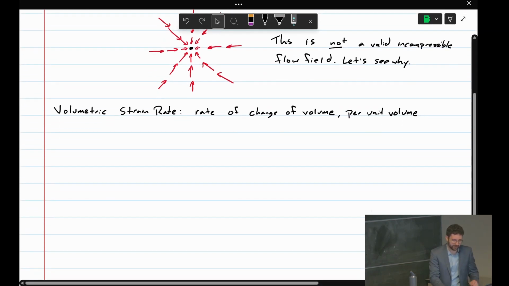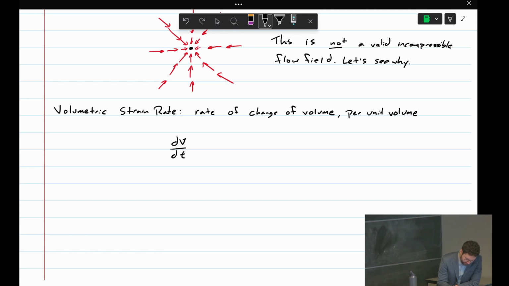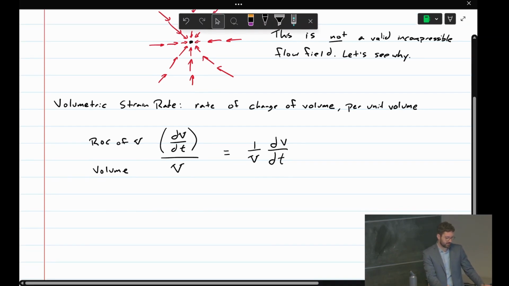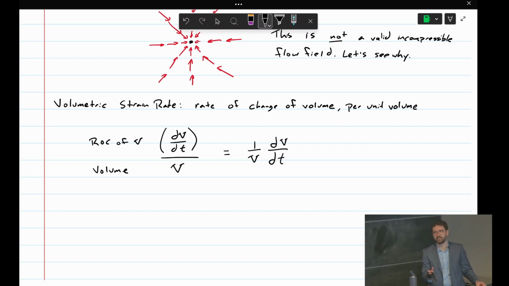The V with the ticks I'm going to use for volume. So the top is the rate of change of volume, and the bottom is the volume. These are not partials. This is just a regular derivative of V with respect to t. So this is the definition of volumetric strain rate.